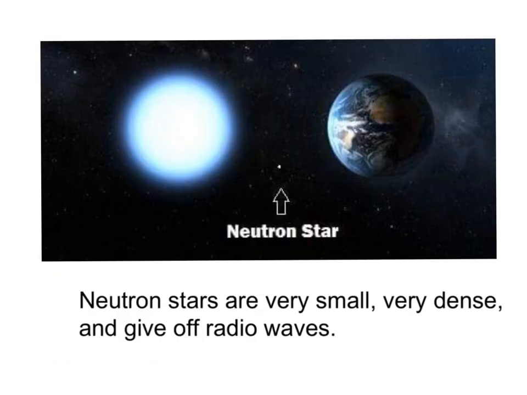Neutron stars are very, very small. This is a picture of a neutron star compared to the size of a white dwarf or the size of Earth. So you can see it's incredibly tiny, but it has huge amounts of matter in it, so it's very, very dense. And neutron stars are interesting because they give off radio waves, which allows scientists to study them.